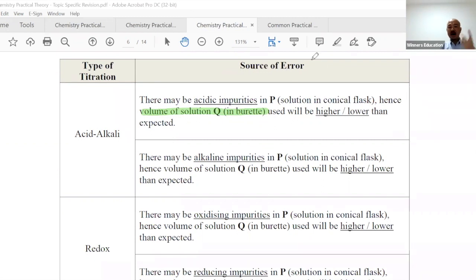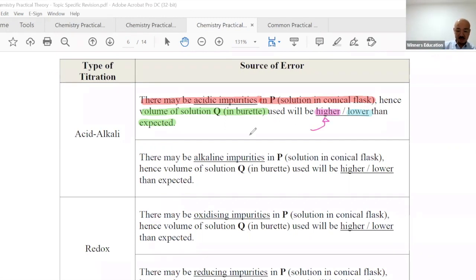It will be higher or lower value than expected, if there are acidic impurities in P, i.e. the one in the conical flask. Okay, very generic because I never give a lot of example, I just put in one line. So let me run through a bit more. All right, I use color code.